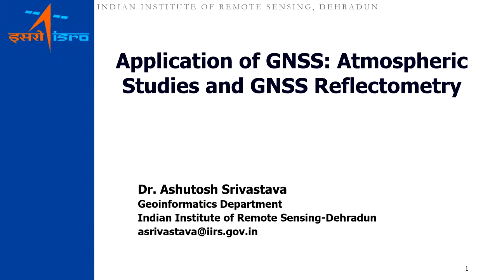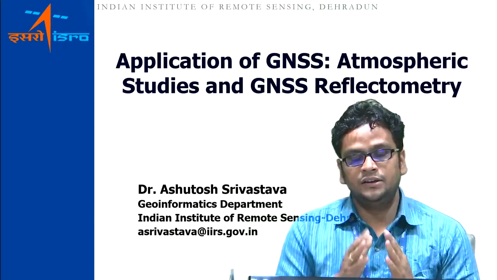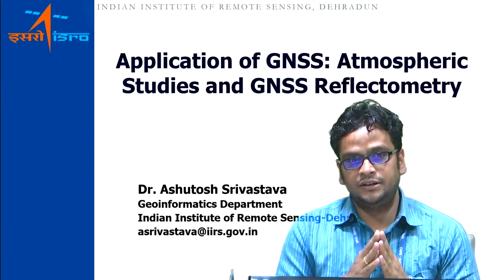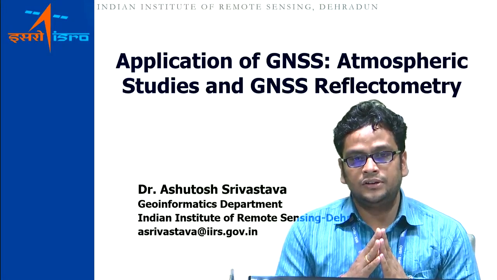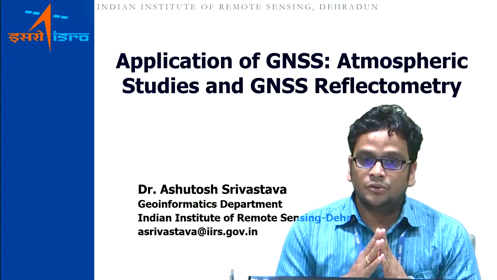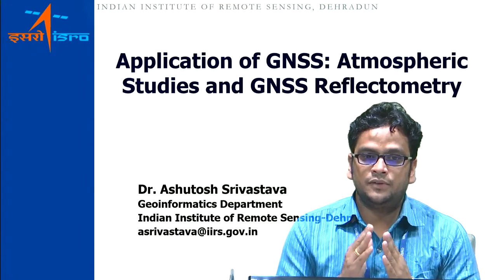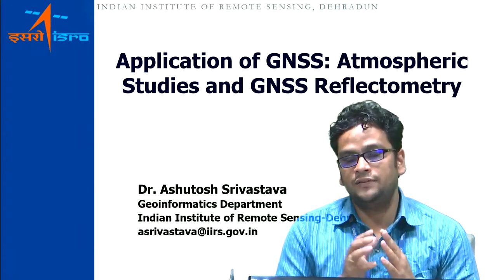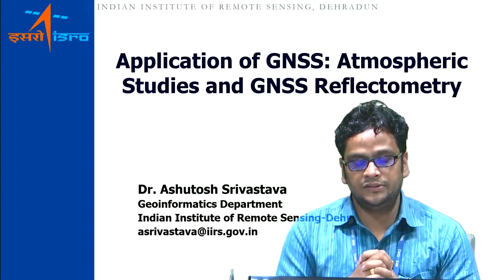Now, the other aspect of GNSS signals is that we can utilize them for atmospheric parameter retrieval, like precipitable water vapor. We will discuss in detail how we derive precipitable water vapor using this GPS data.